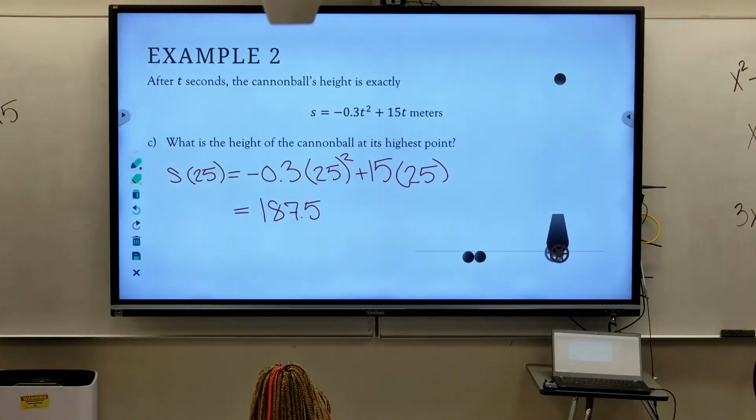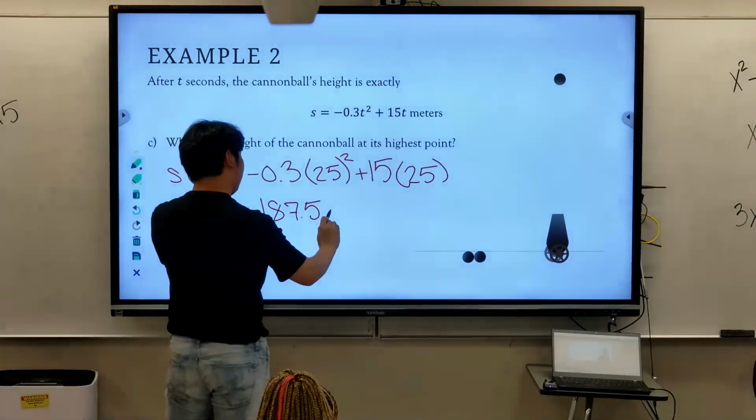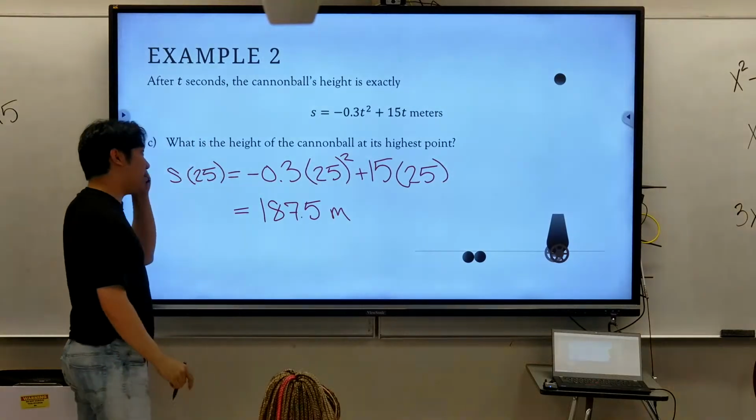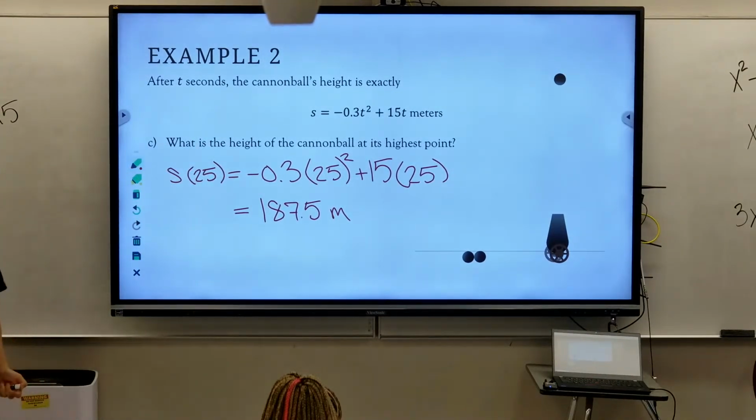What's the unit of measurement for the height? So in this case, my height, we're going to measure it in meters. This is part of the thing where we have to be careful about, am I working with position? Am I working with the velocity? Or if I'm working with acceleration?